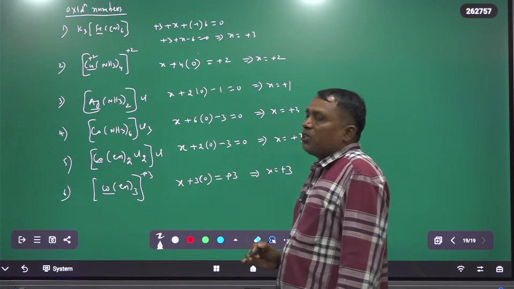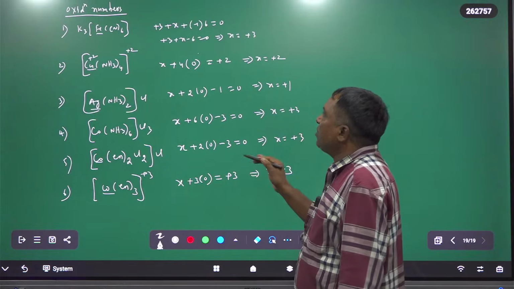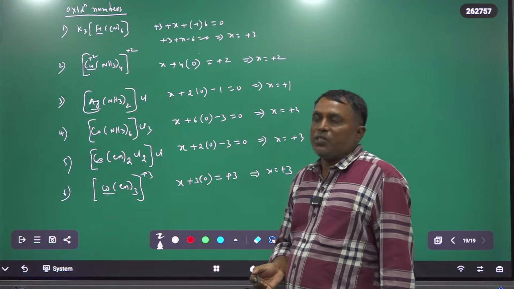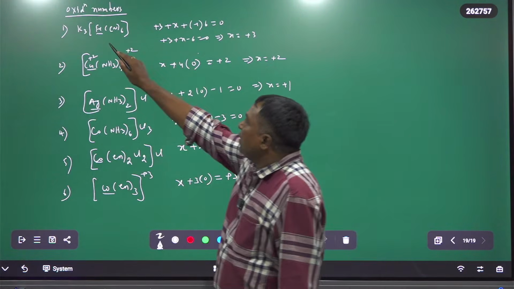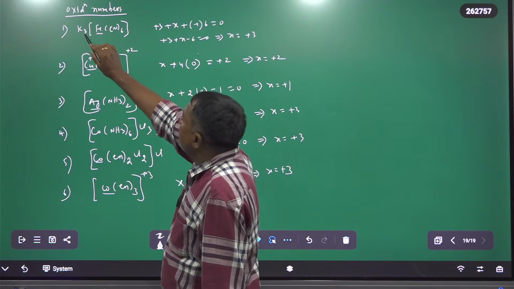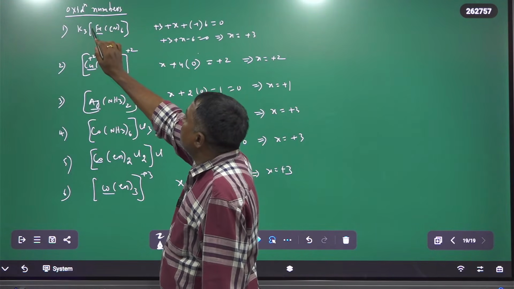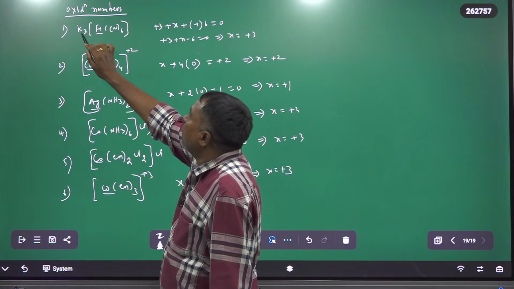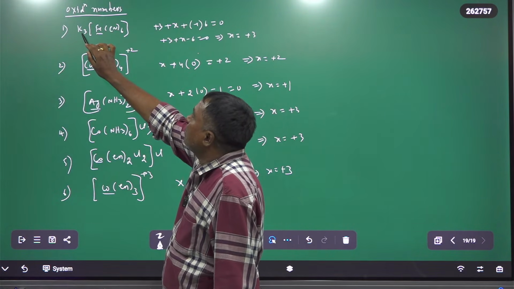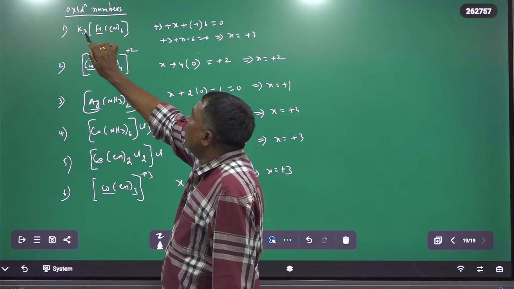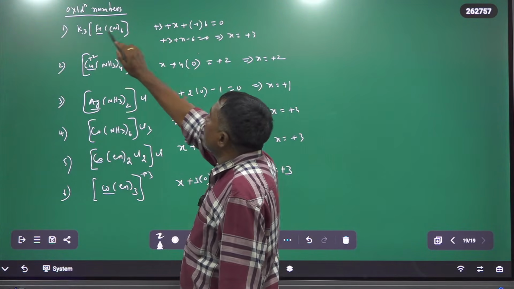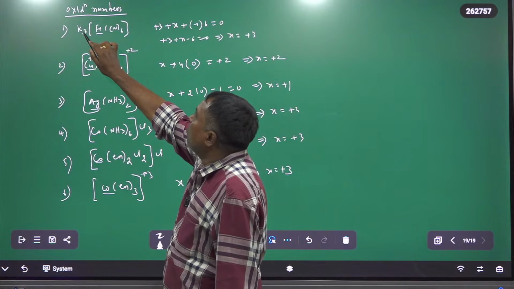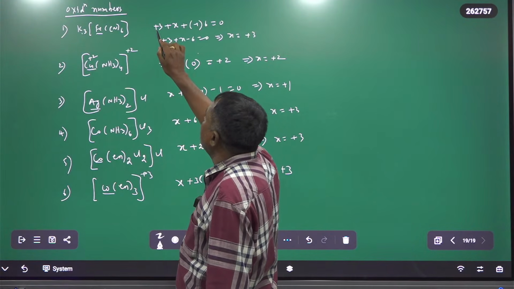So this is the way to calculate the oxidation numbers of the central atoms in complex compound formations. Take K3[Fe(CN)6]. This is the cationic sphere; in the cationic sphere we have the K+ ions, and there are 3 of them. Each K is +1, because it is a first group element.